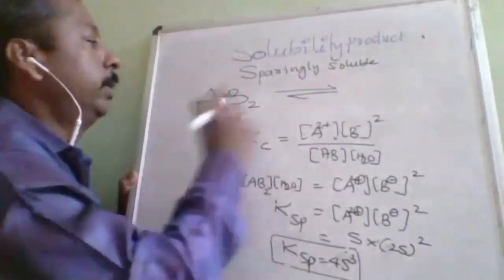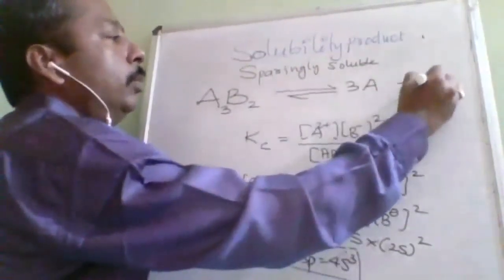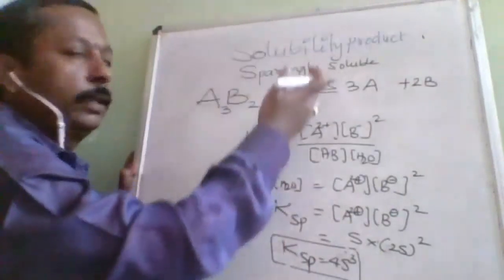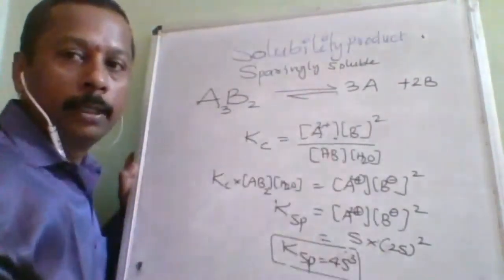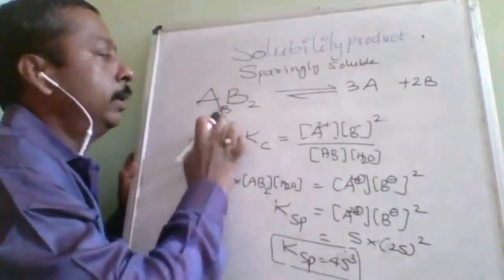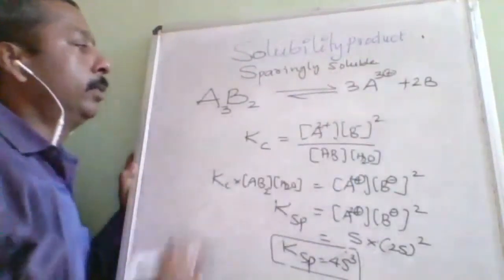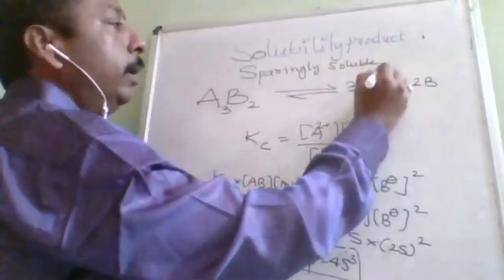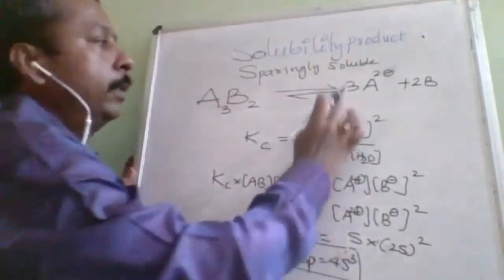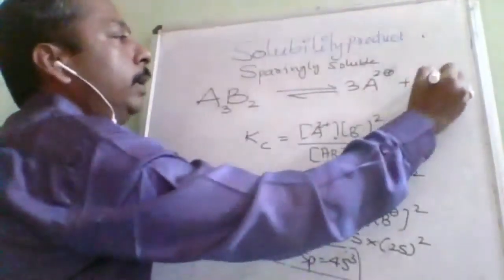A3B2 is going to be 3 moles of A and 2 moles of B. One affects the moles, and the other affects the charge on the other ion. Like A3, so 3 positive will be here. Sorry, 2 negative will be here. It is going to be 2 negative, sorry, 2 positive, and here 3 negative.